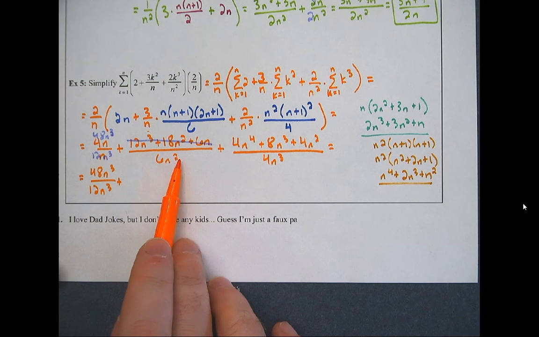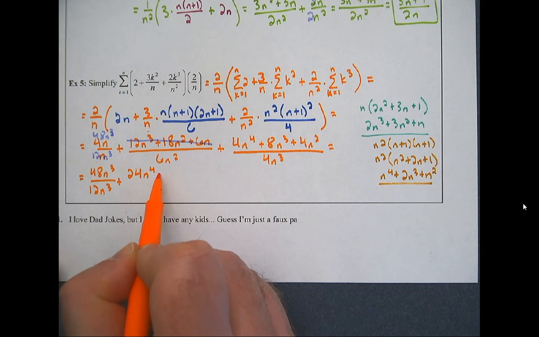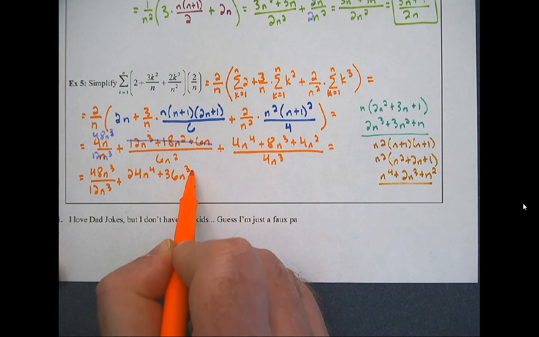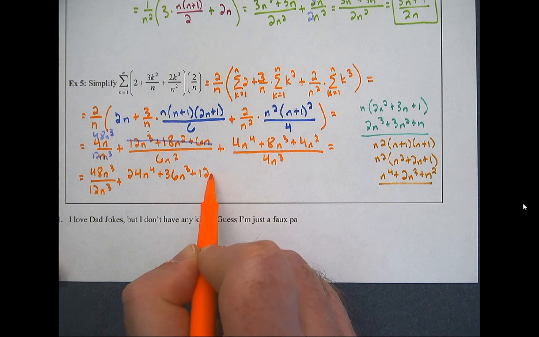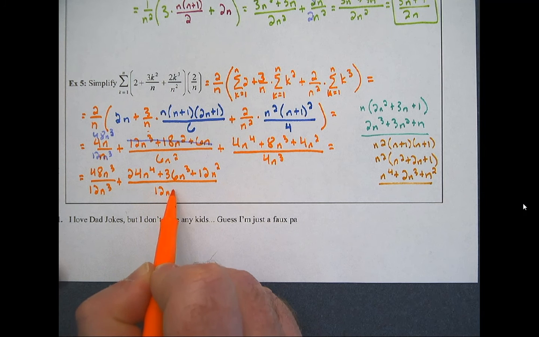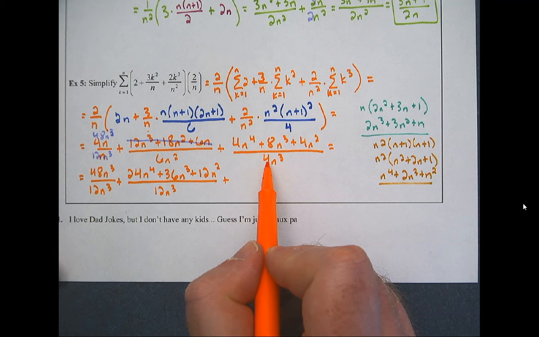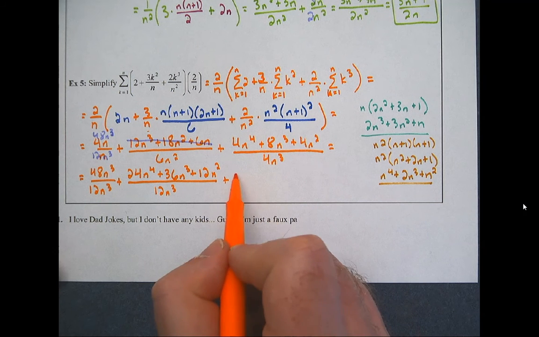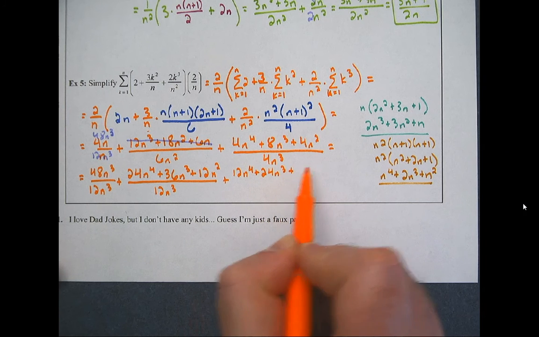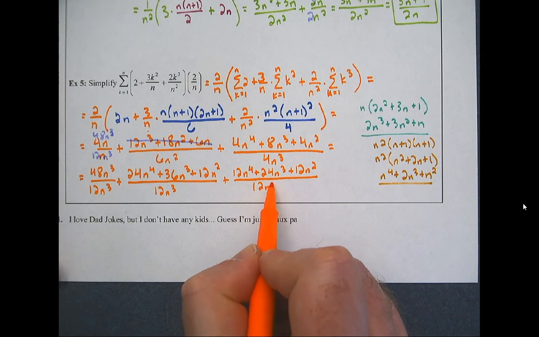This needs a 2 and another n, so this would be 24n to the 4th plus 36n to the 3rd plus 12n to the 2nd over 12n cubed plus this just needs a 3 because I've got the n cubed, so I need to times by 3. 12n to the 4th plus 24n cubed plus 12n squared over 12n cubed.